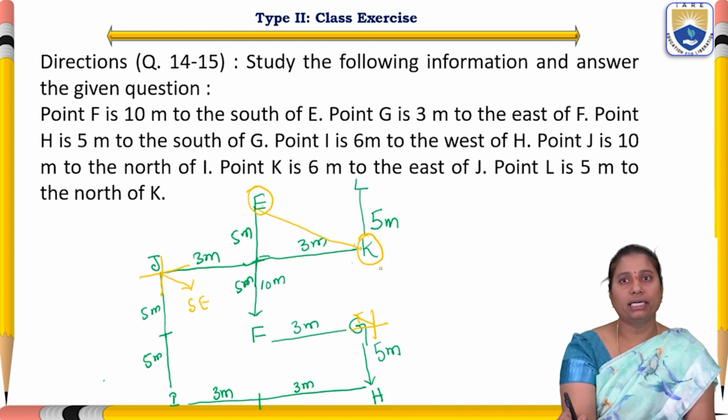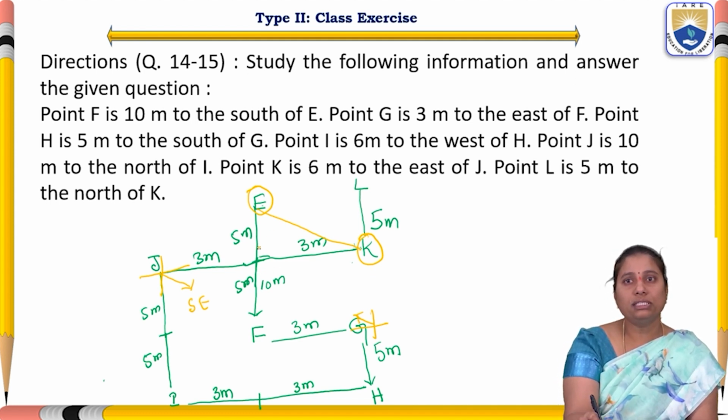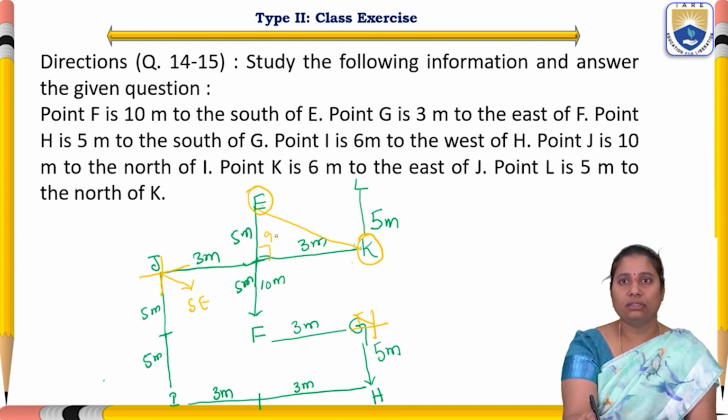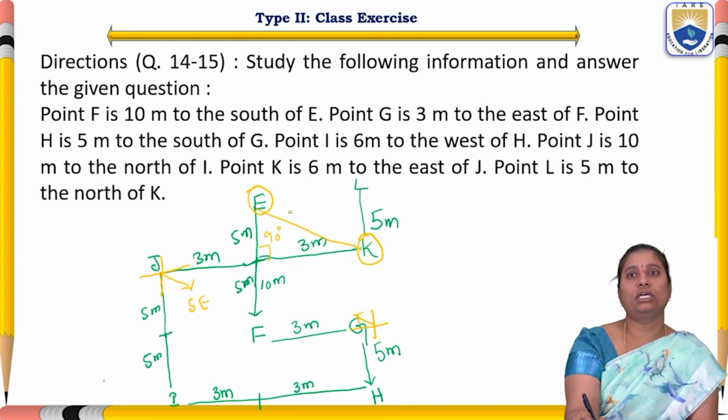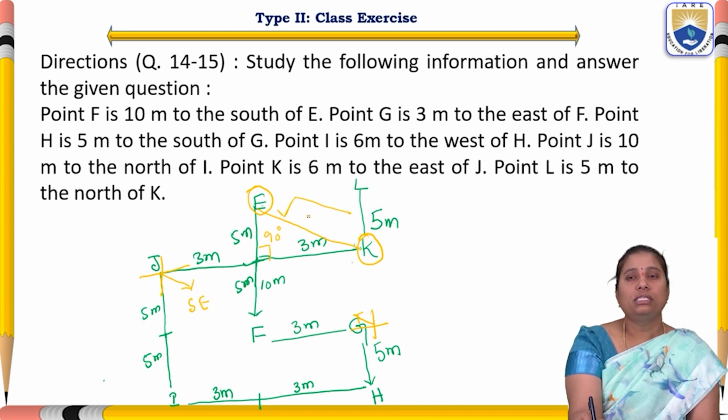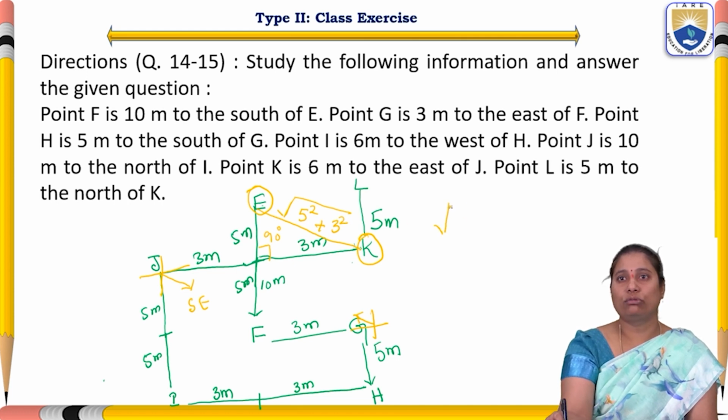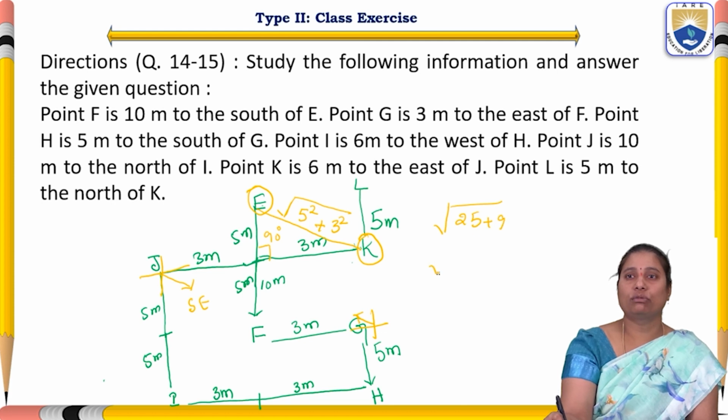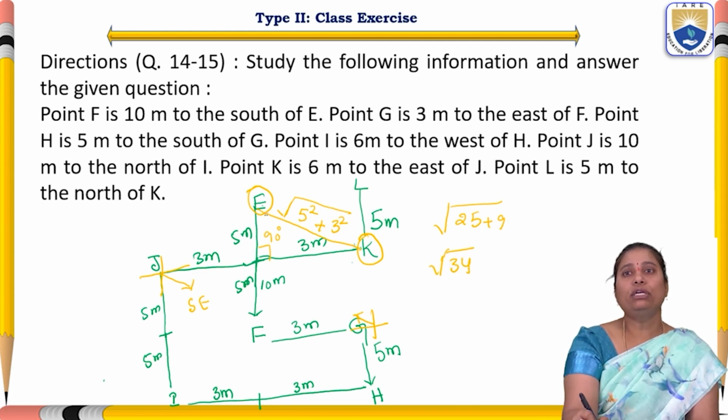So as per the Pythagoras theorem, the E to K distance is the square root of 5 square plus 3 square, that is the square root of 25 plus 9, that is the square root of 34.